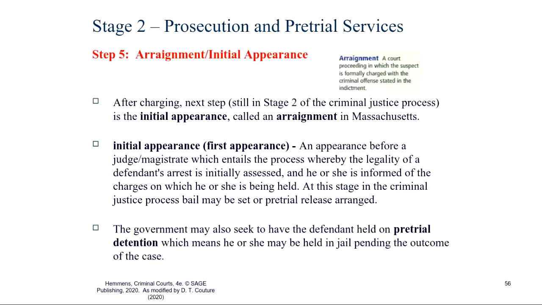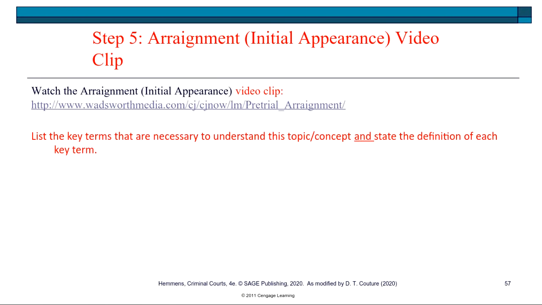In federal cases, that initial appearance or arraignment is before a clerk magistrate, who is not a judge but is an attorney that handles that first court appearance. Okay, very important things happen at that first court appearance, which we call an arraignment. We're going to listen a little bit about that right now.